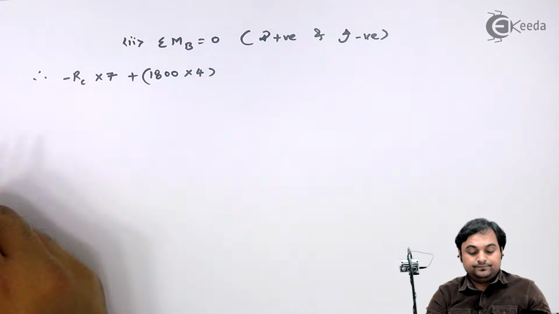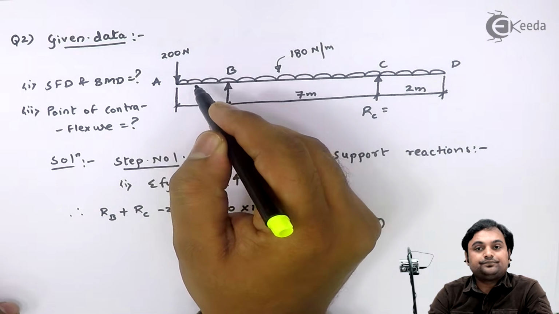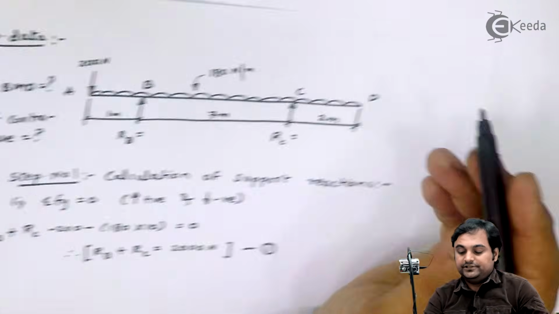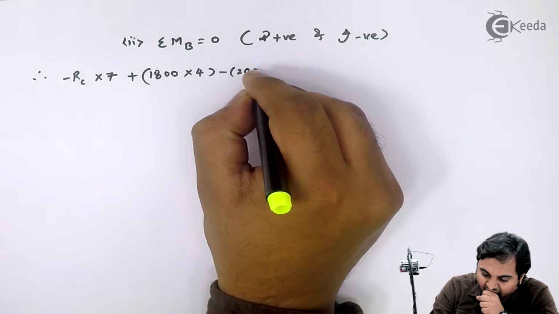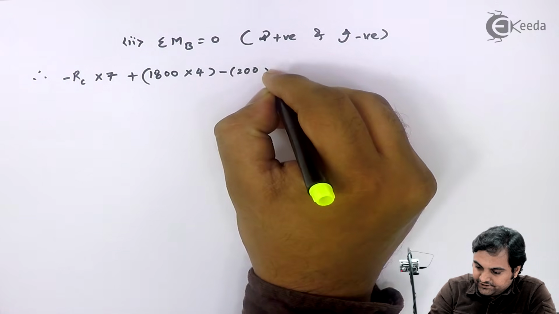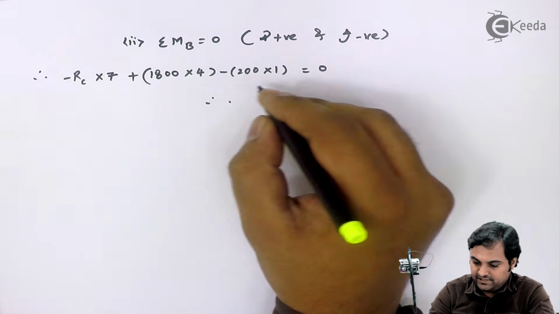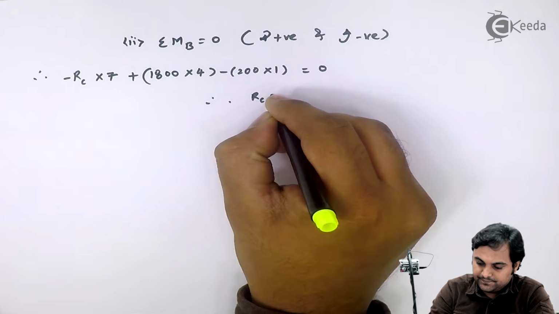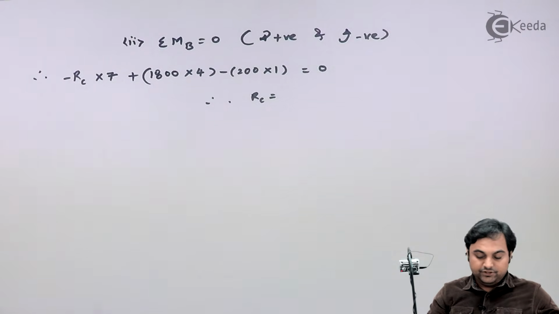Then here I have 200 Newton acting downward and it will be producing anti-clockwise moment. So minus 200 into 1 is equal to 0. If I calculate these terms, I will be getting RC value as 1000 Newton.